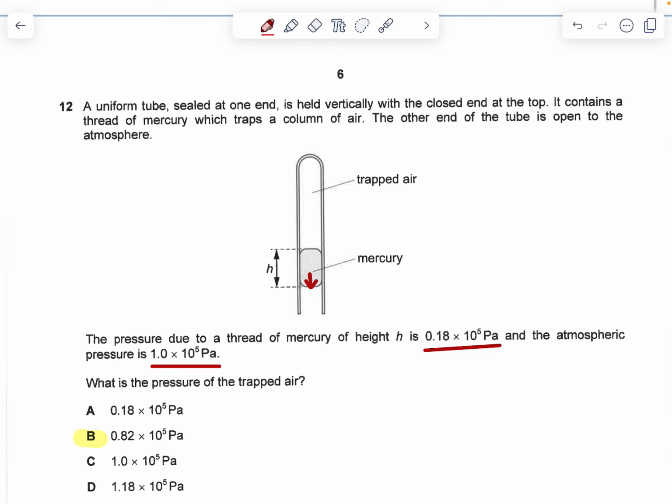So you can actually use, at this same point, this is the pressure ATM, atmosphere. This one is pressure of mercury plus the pressure of trapped air.